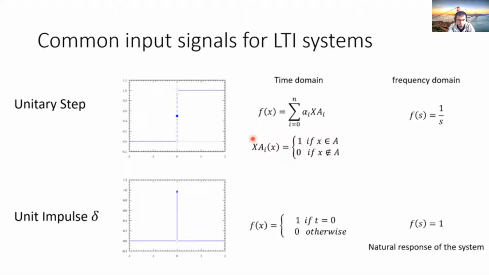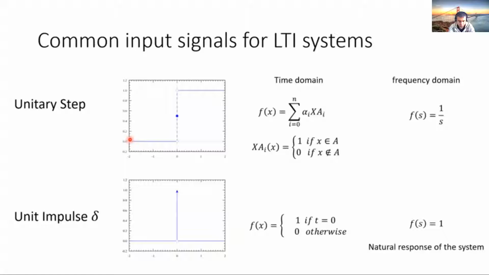One of the signals is the unitary step, which is represented by this graph, and its time domain representation is given by this formula, where essentially the step will be 1 if x belongs to A, and 0 if it doesn't belong to A.